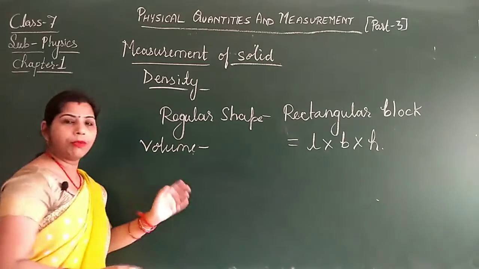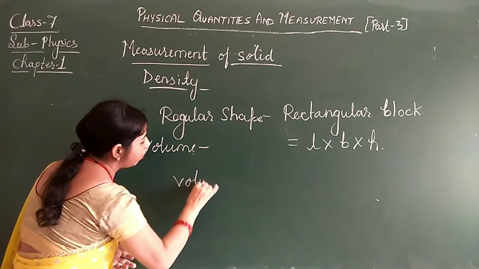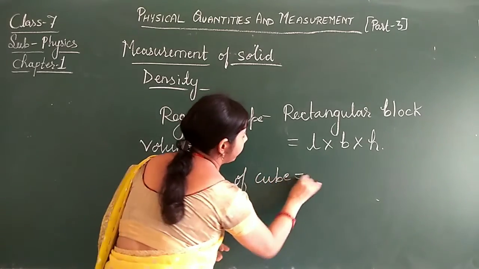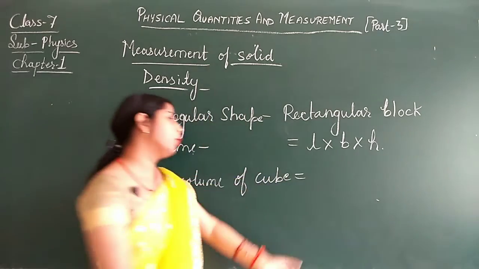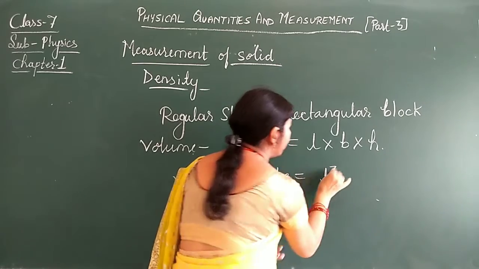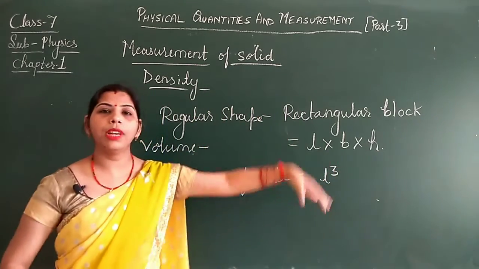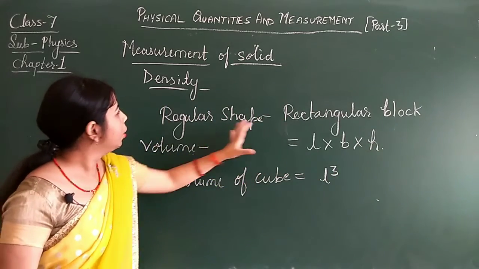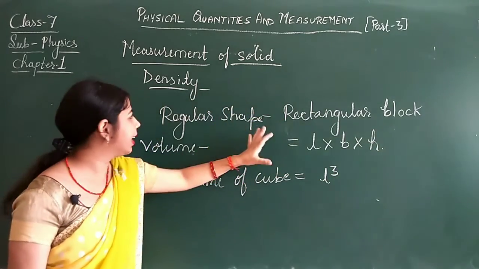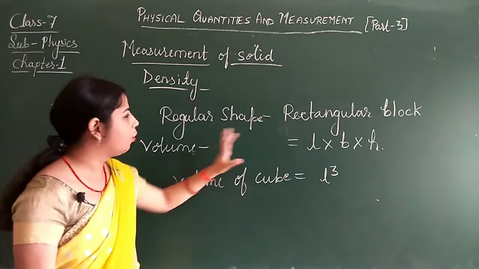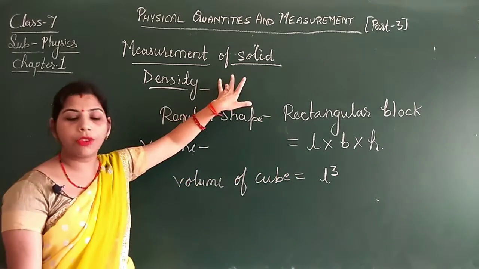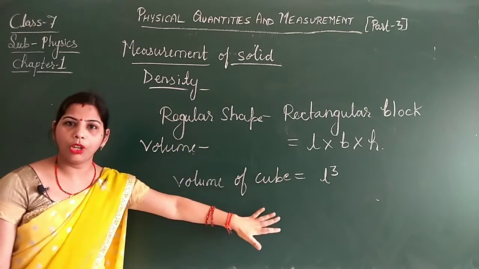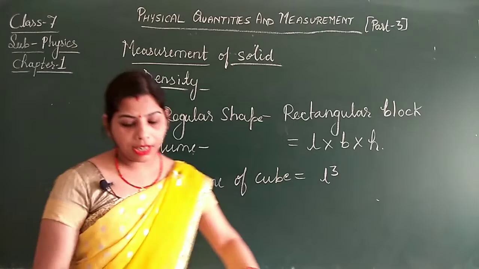If I am going to measure the volume of a cube, I need length into length into length. That's why this is very necessary to measure for density. First we have to see the volume, because density is equal to mass by volume.